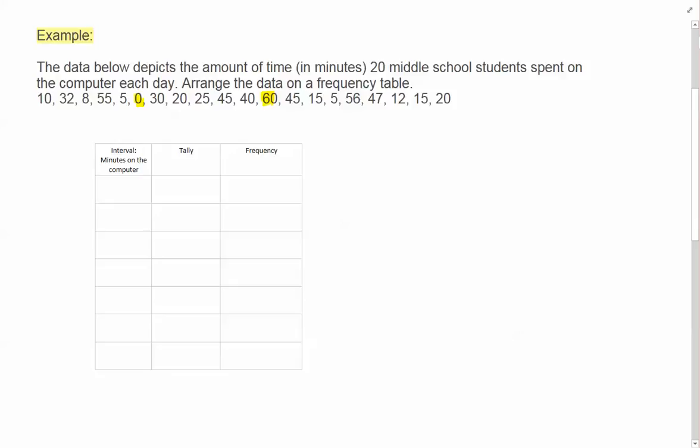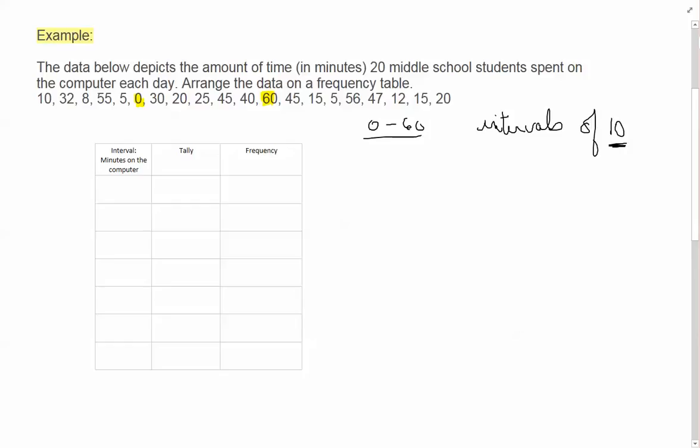Often you look at the range, from top to bottom, we've got 0 to 60. If we do intervals of 10, that means the interval has a width of 10. That means we would have 6 or 7 intervals, which is what we're looking for.